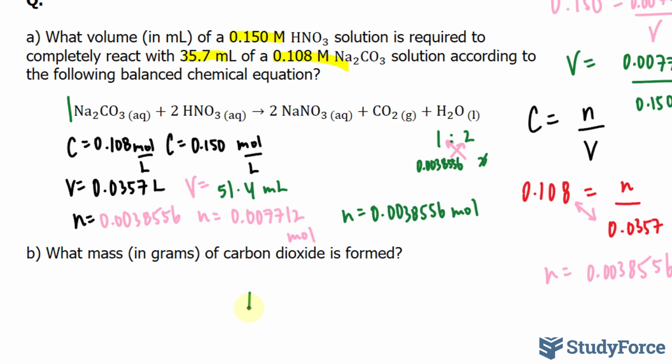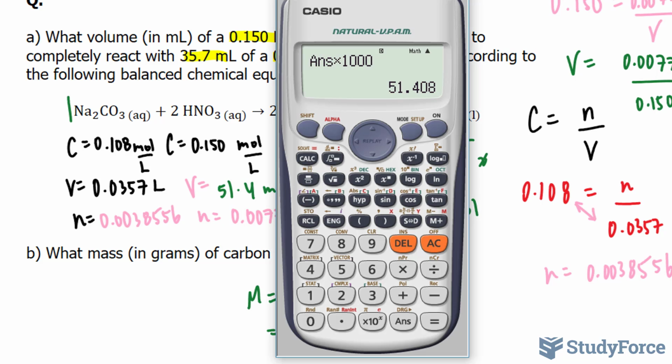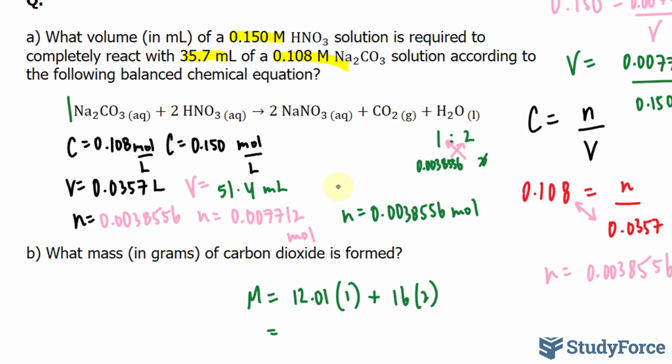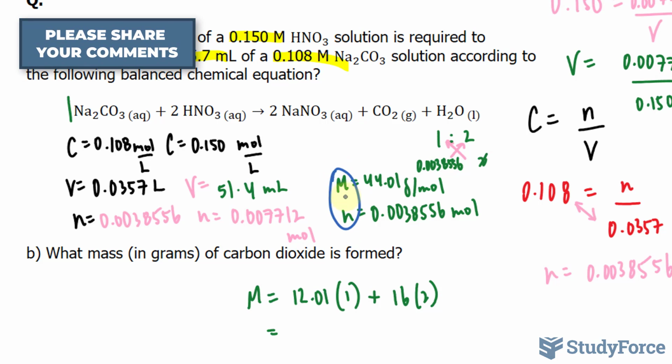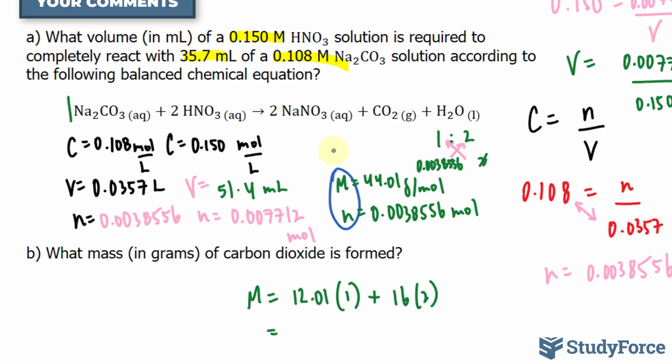So let's find the molar mass. I'll represent that by the letter M. The molar mass of one carbon atom is 12.01 times 1 plus the molar mass of oxygen is 16 times 2. Let's use our calculator. 12.01 plus 16 times 2 gives us 44.01 grams per mole. And it turns out that if I multiply the molar mass with the number of moles, I'll find the mass.